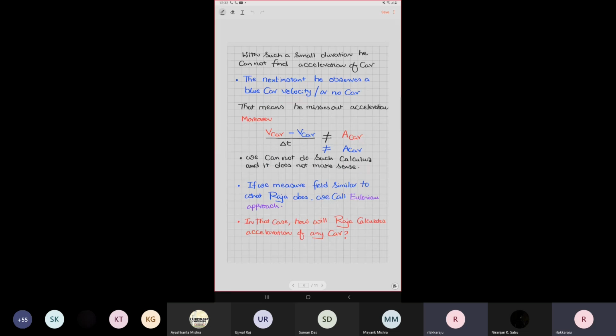We cannot call this the acceleration of the car. Now, if that is the case, how is Raja going to calculate the acceleration of the red car, the blue car, or any particular fluid particle, whichever it is that is moving?